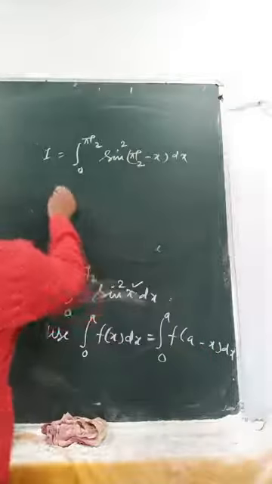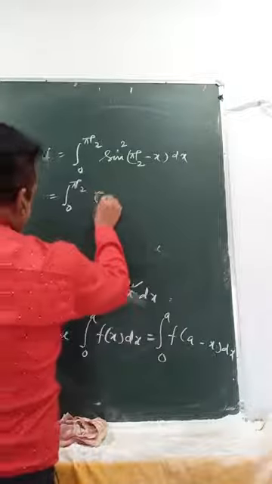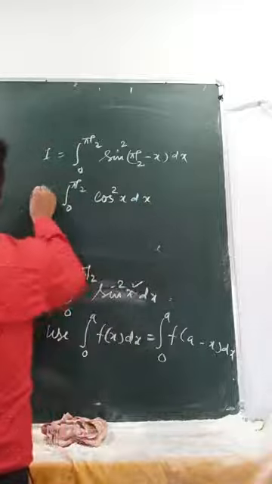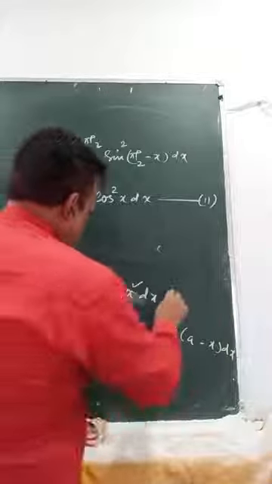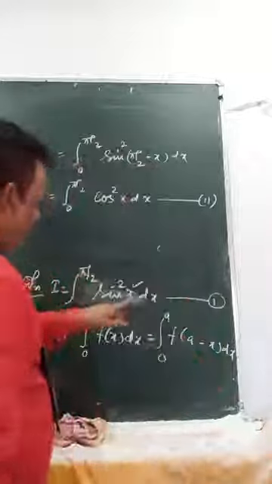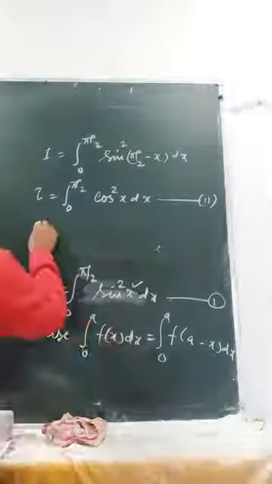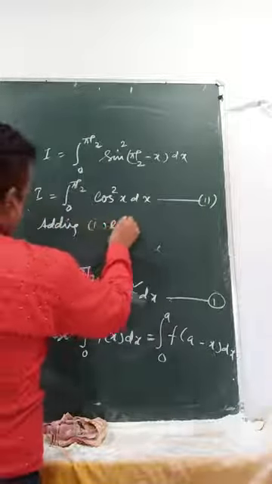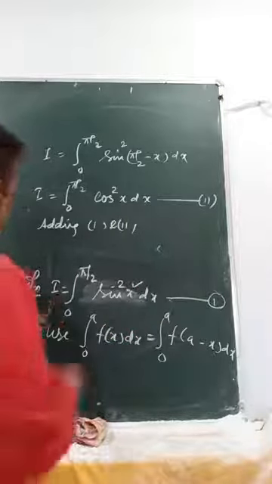So that will be integral from 0 to pi by 2 of cos square x dx. This is also I. This is second, and this is your first. Adding 1 and 2, the left side will be I plus I, which is 2I.